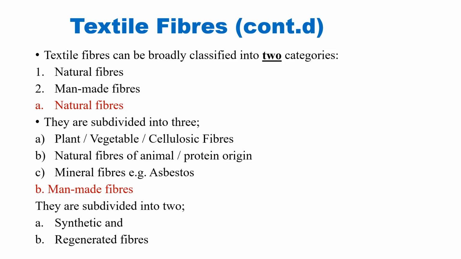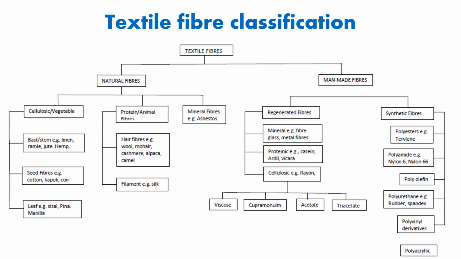Then the third one is the mineral fibers, which we get from rocks. So these form the natural fibers. The man-made fibers are also subdivided into two: the synthetic and regenerated fibers. Later you will learn about the differences.